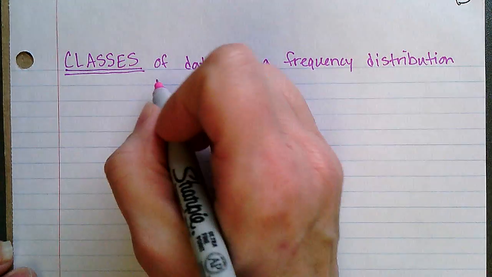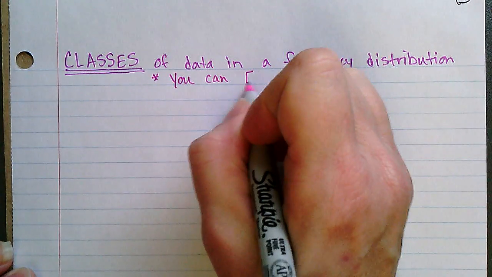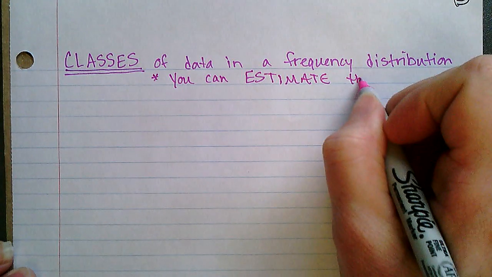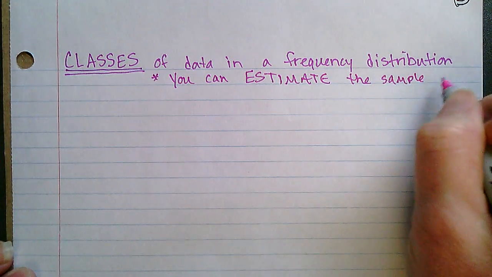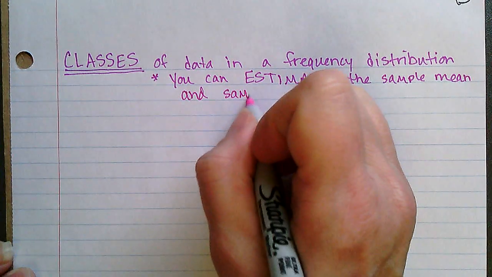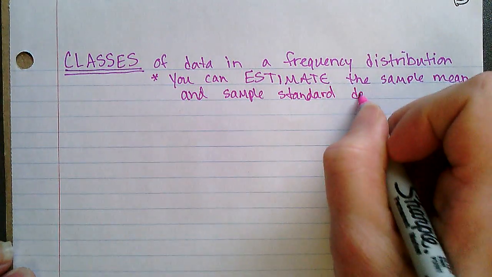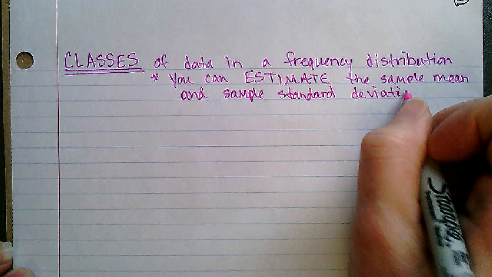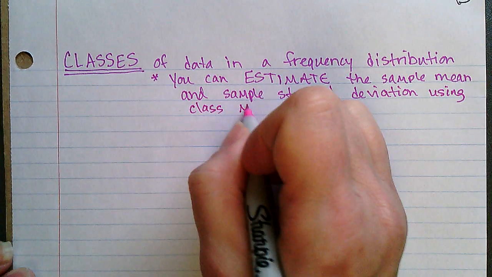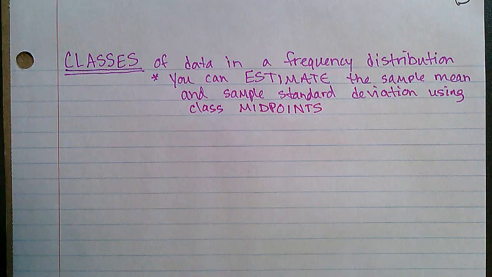So all we can do is estimate the sample mean and sample standard deviation. And we're going to do that using class midpoints, since we don't have the individual data values.